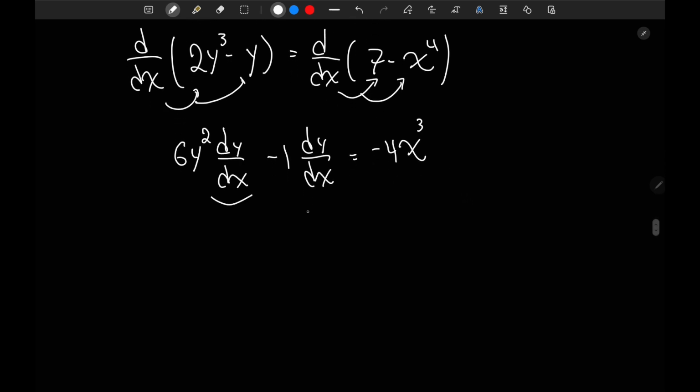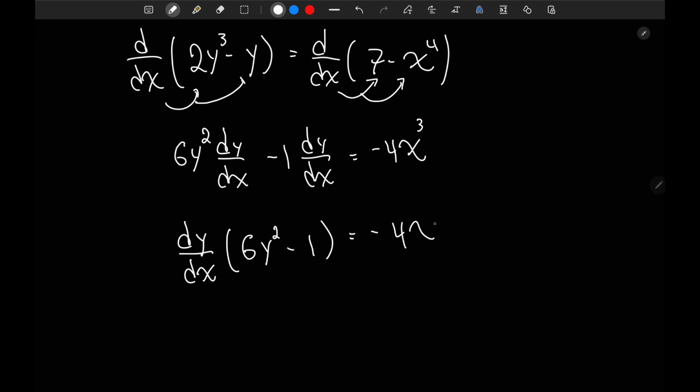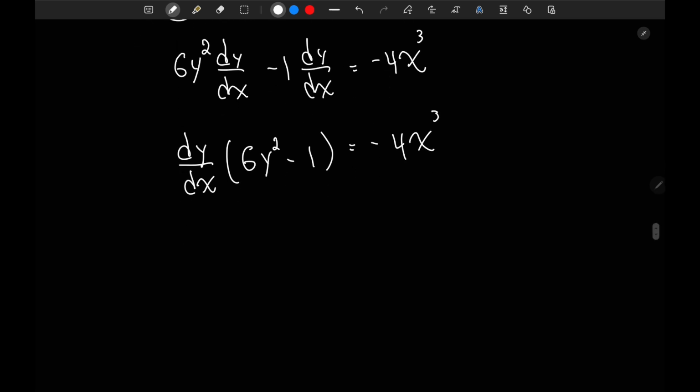Now again, we can factor out our common term of dy/dx, look at it just as another variable in algebra. So we factor out the dy/dx, and we're going to have 6y squared minus 1 equal to minus 4x cubed.